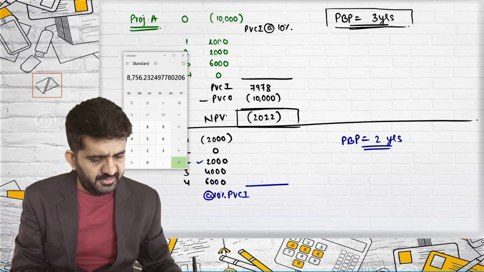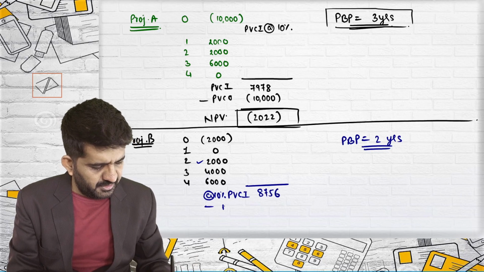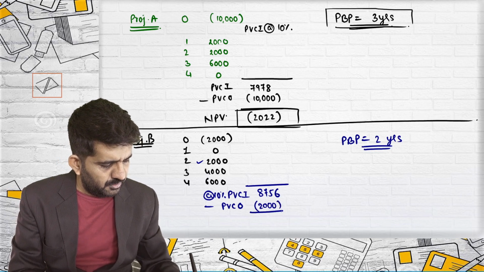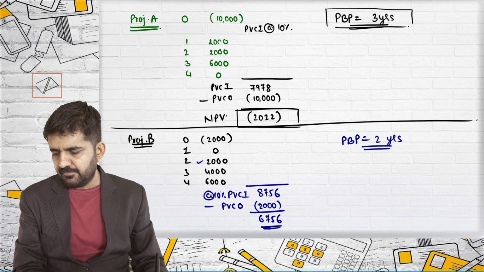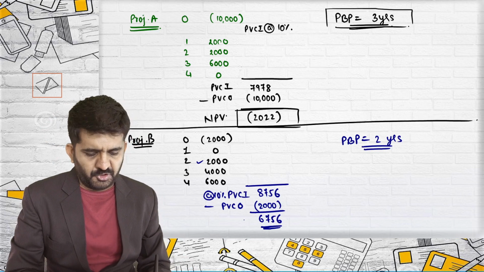MRC is 8756 minus present value of cash outflow is 2000. This is 6756. This is project B.